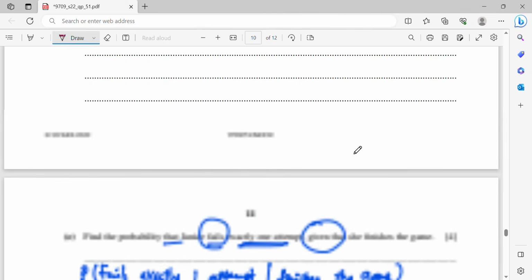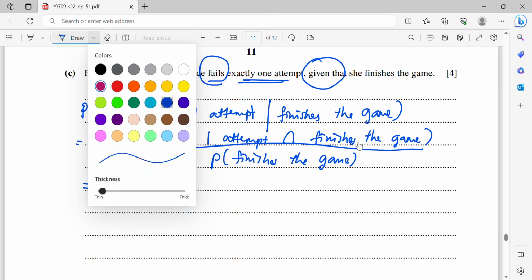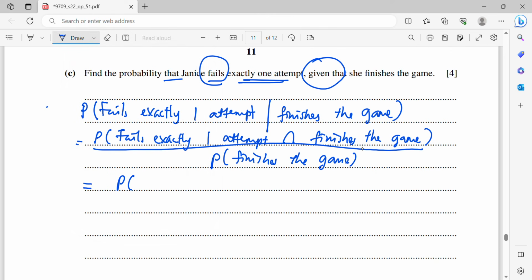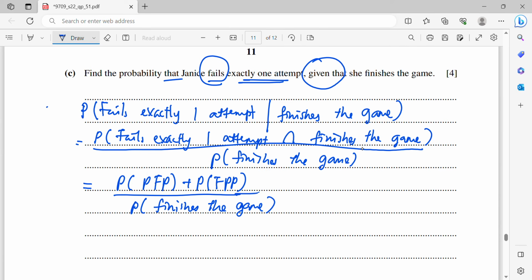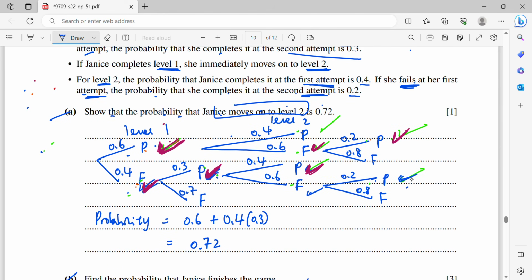So you can write down first. Probability PFP or FPP over P finishes the game. So then here, PFP is basically just multiply 0.6 times 0.6 times 0.2.